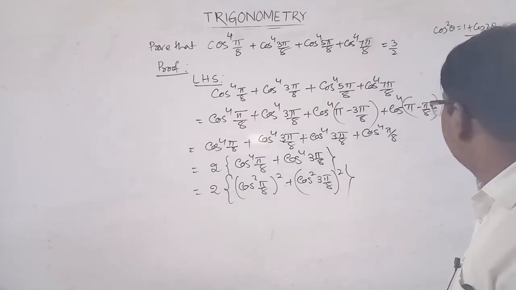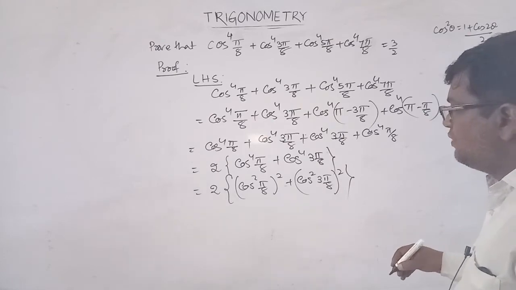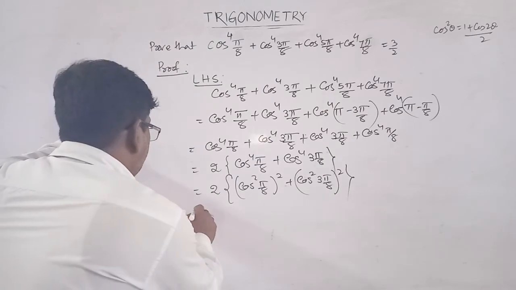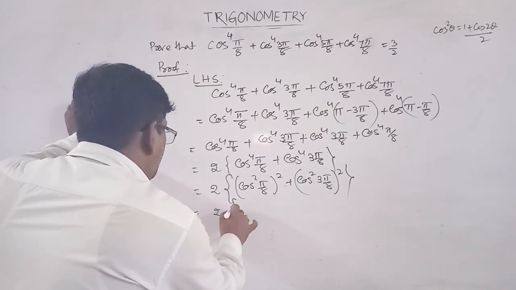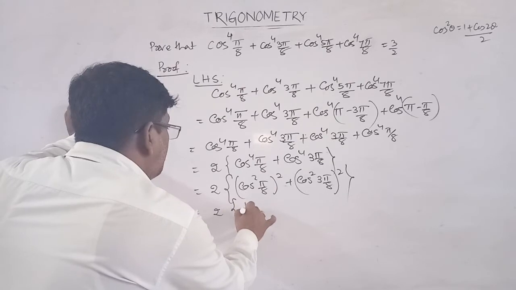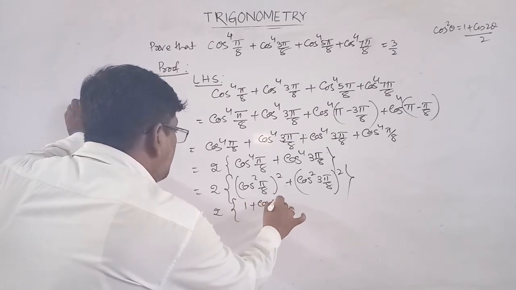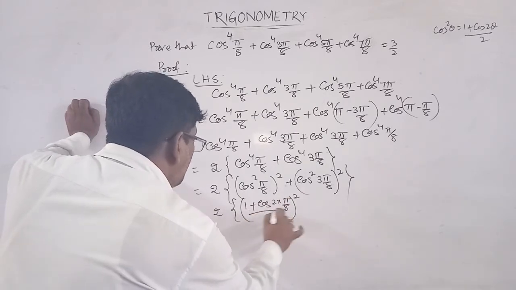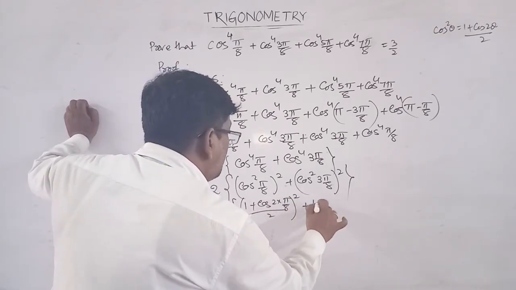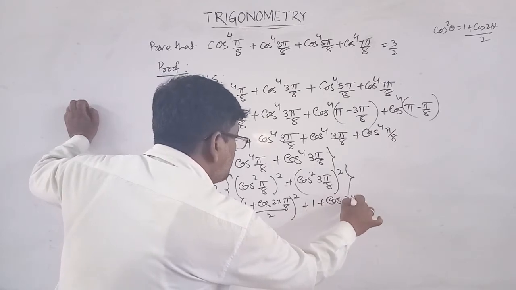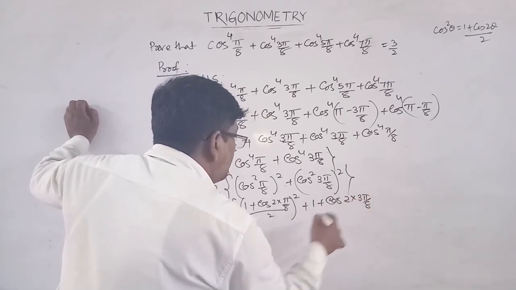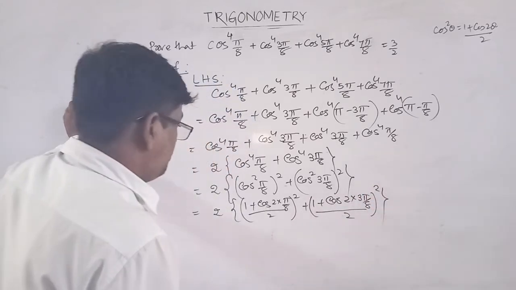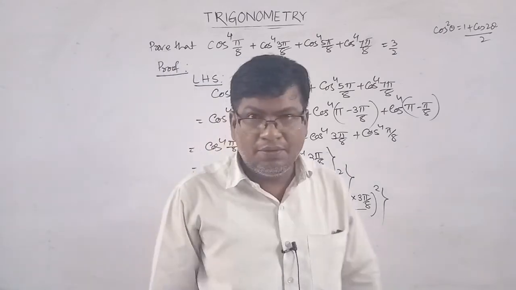So this is equal to 2 into [1 plus cos 2 into pi by 8 whole square by 2] plus [1 plus cos 2 into 3 pi by 8 whole by 2] whole square bracket close.